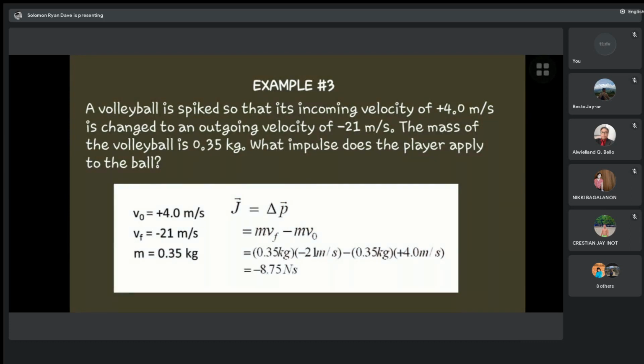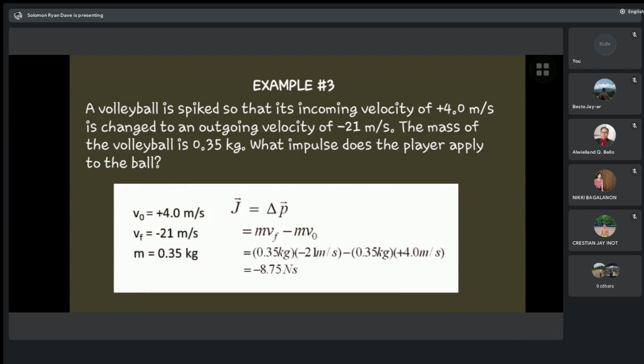Vector J equals delta of vector P, which is mass times outgoing velocity minus mass times incoming velocity.